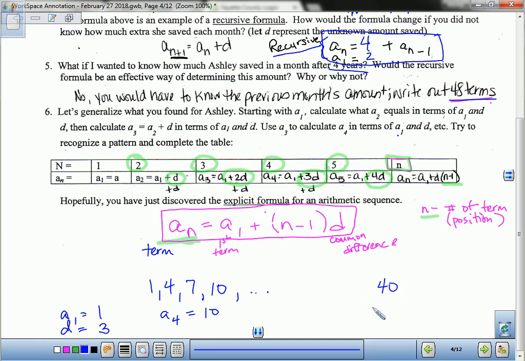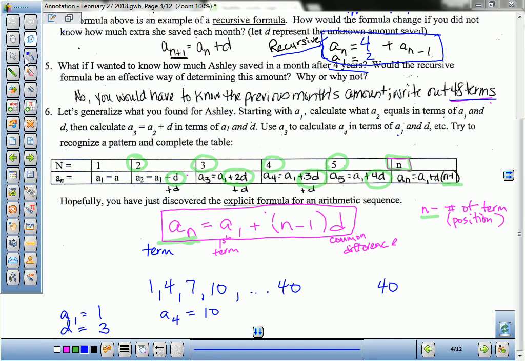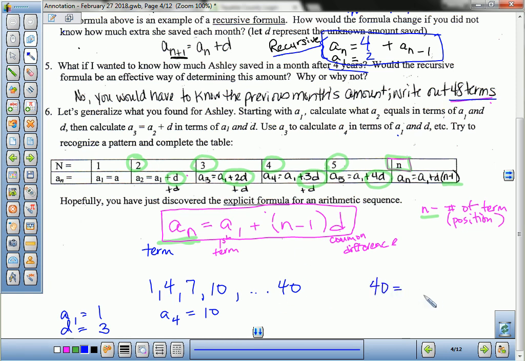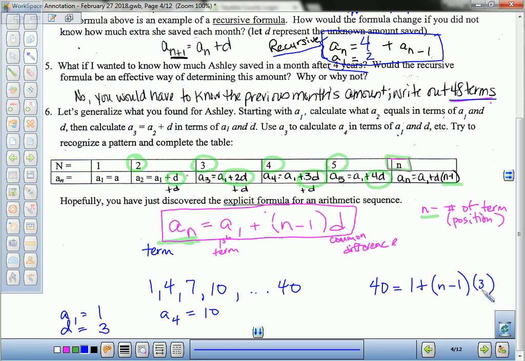Where would 40 lie? If 40 was the last term in this sequence, what is n? Where does it lie? What is its position in the sequence? How would we find that? We would plug in 40 equals 1 plus n minus 1 times d. And guys, you can put d at the end or you can put d at the beginning. Whichever way looks better to you.